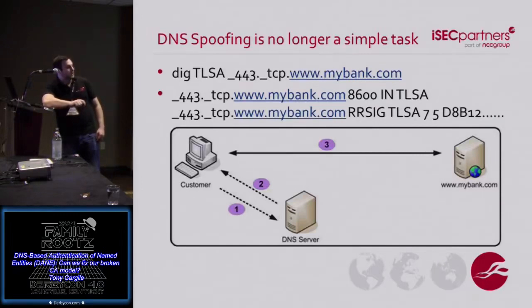If a DANE-aware client makes a request and this server doesn't give back the exact certificate that's been specified by this DNS server, then they know that this isn't who it's supposed to be, and there's probably somebody sitting in the middle sniffing your traffic and intercepting your HTTPS requests. So this is what DANE's designed for. This is what it does well.